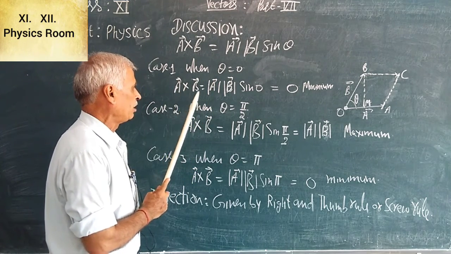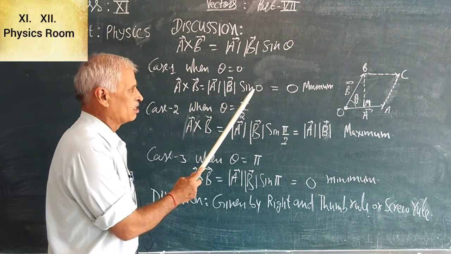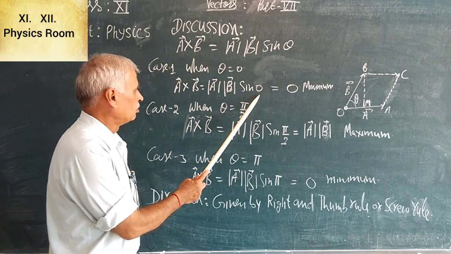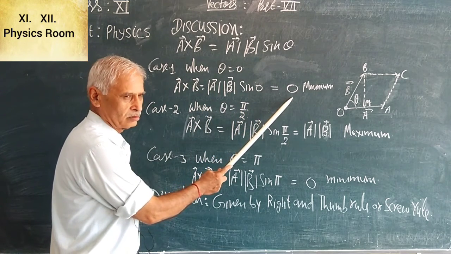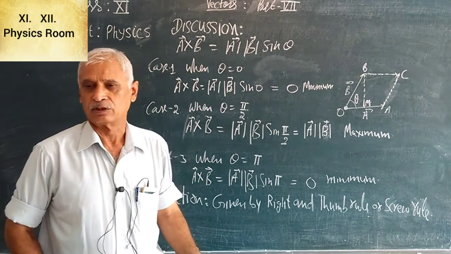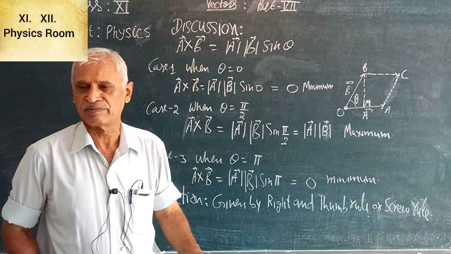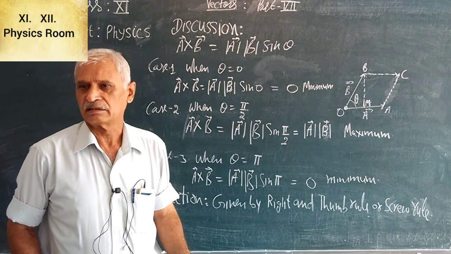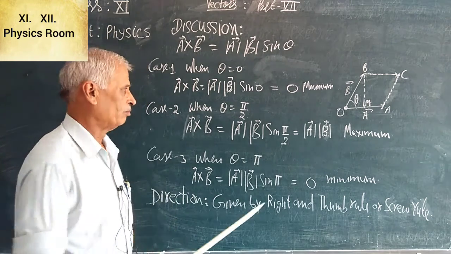A cross B is equal to mod A mod B sin 0, and sin 0 is 0. Then mod A mod B multiplied by 0 becomes 0. It means when theta is 0, the two vectors are parallel to each other, acting at the same point along the same direction, then their cross product is 0, the minimum.